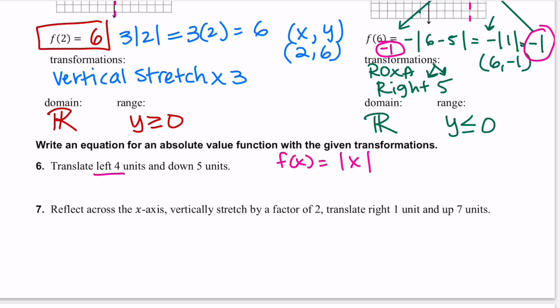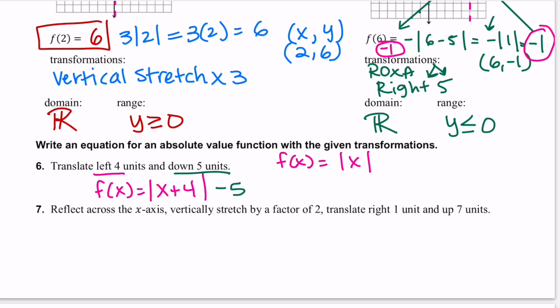So what that left 4 is going to do is it's going to add 4: f of x equals the absolute value of x plus 4. And then down 5 is going to do exactly what you think it's going to do. So I'm going to put a minus 5 for the down 5 there. And then left 4 is going to be a plus 4. It does the opposite, but the up and down is not opposite.